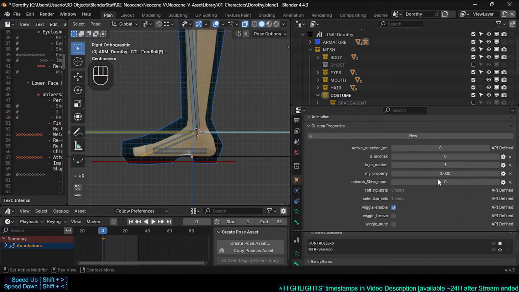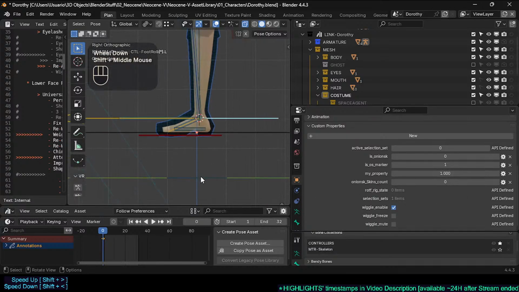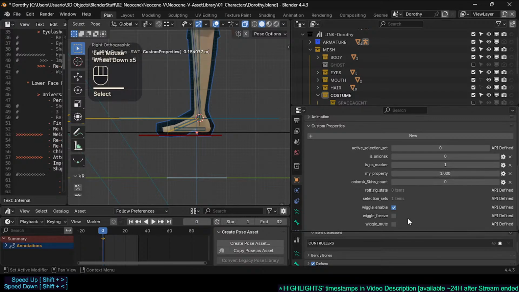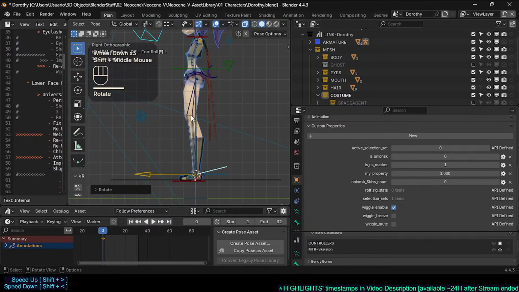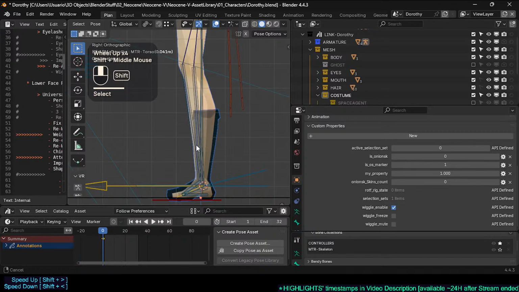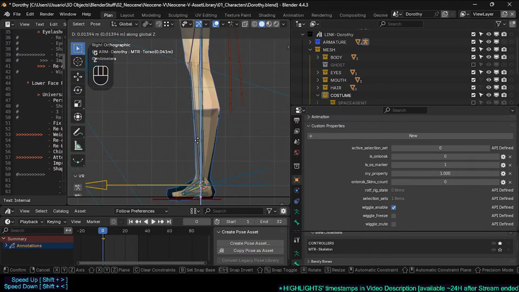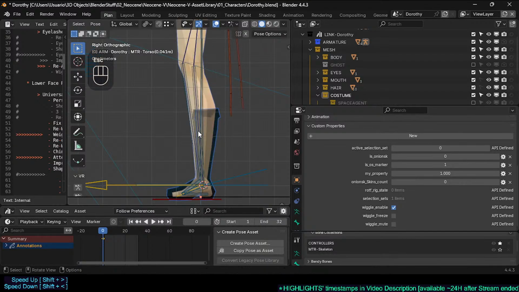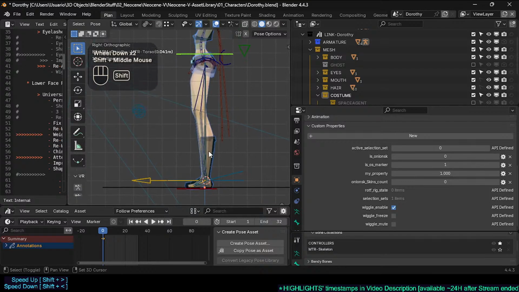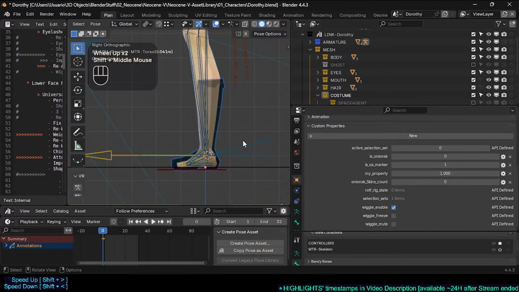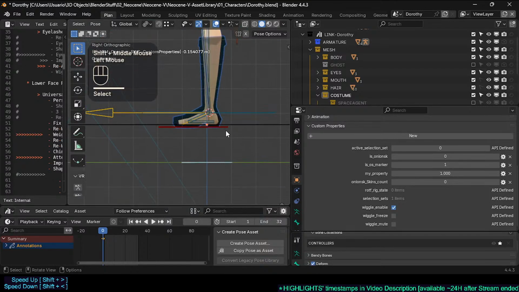So I need to get both, because if I just do this, you see, as I do this, the shin moves a lot when I stretch the leg. So I need to model the leg with the pose that is the high heel stance, the good high heel stance.